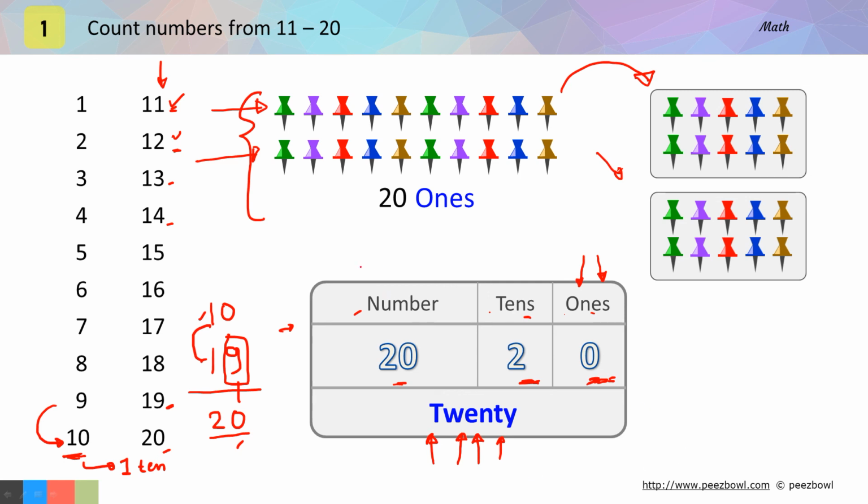Let me write it down. 10 ones is equal to 1 ten. So on the right hand side we have this as 1 ten, and at the bottom again we have 1 ten. So on the right hand side we have 1 and 1, that is 2 tens. I will move to the next slide.